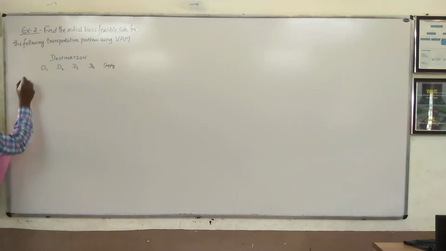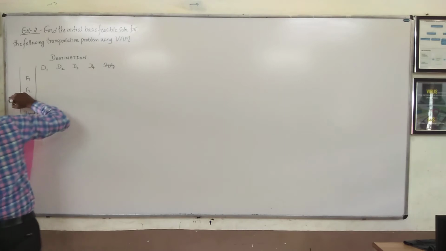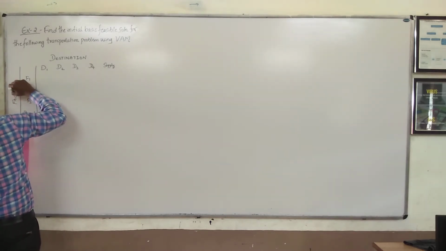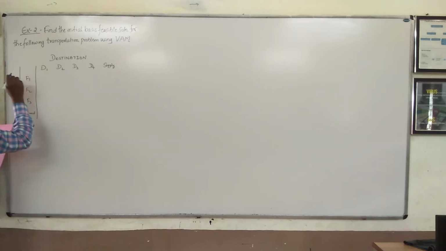Next, here we have factory 1, factory 2, factory 3, followed by demand. So this is factory.